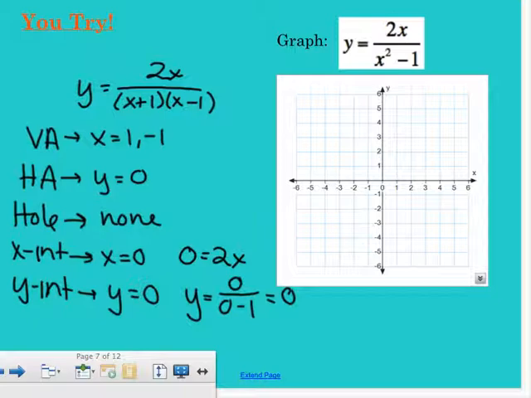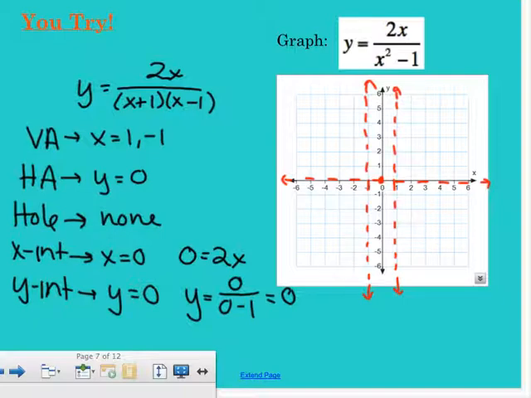So draw in the asymptotes at 1, at -1, and at 0. And then we have a point at the origin. Notice it's on your horizontal asymptote. As I was saying earlier, you are allowed to cross horizontal asymptotes.